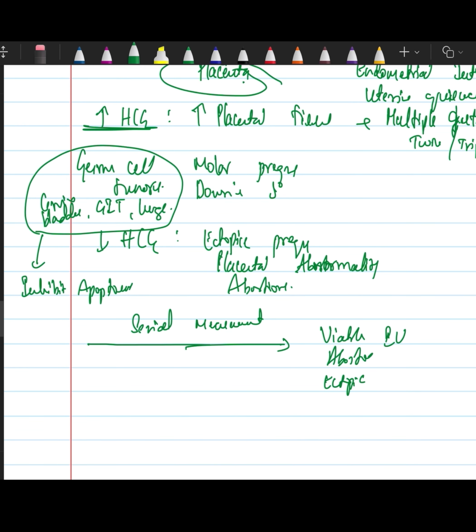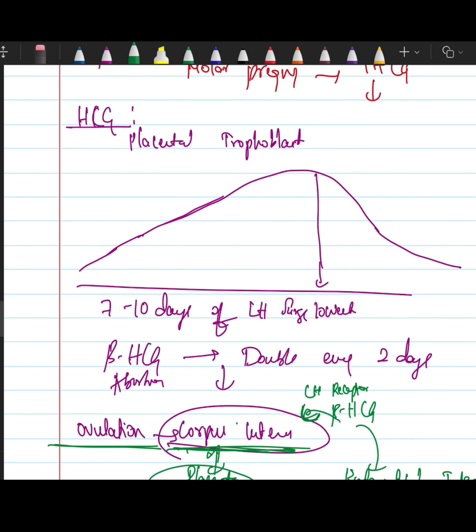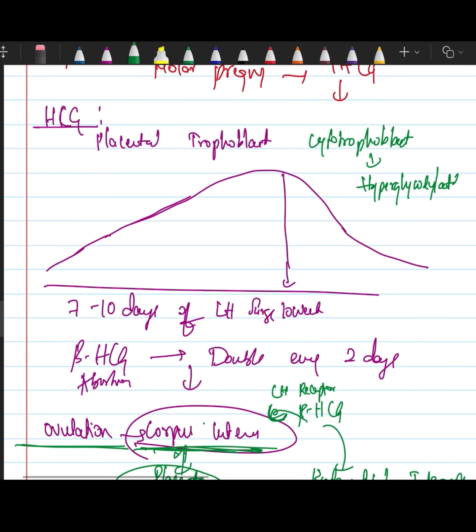Okay, so I had told you this HCG is secreted by the placental trophoblast, but there are certain cell types where HCG can also be produced and has several other functions as well. Example, the cytotrophoblast secretes a hyperglycosylated variant of this HCG.